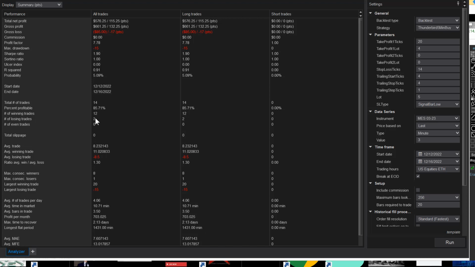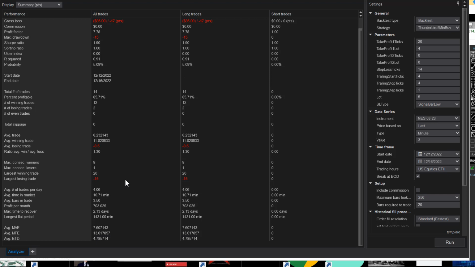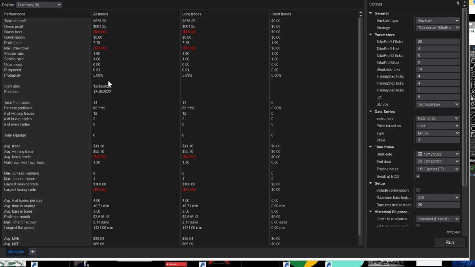Two losing trades only, 12 winning trades, 85% success. The key here on this type of setup is your average losing trade. Now this is on points. If we make this into currency, and again, we're only trading 1/2 of an ES point, that's pretty damn good. So we go to currency, give us a different view of that. Our largest losing trade here is only 42.50.